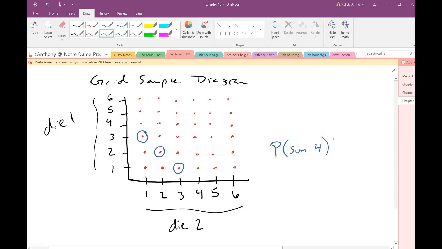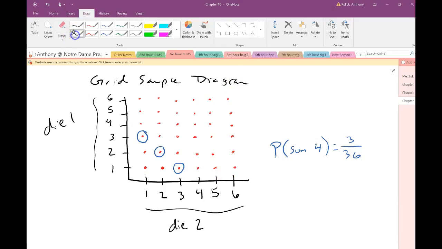So I notice that all 3 of those outcomes are on the same diagonal. And I notice that it's easy to count how many possible outcomes we have, because I have a 6 by 6 square, so there are 36 outcomes.